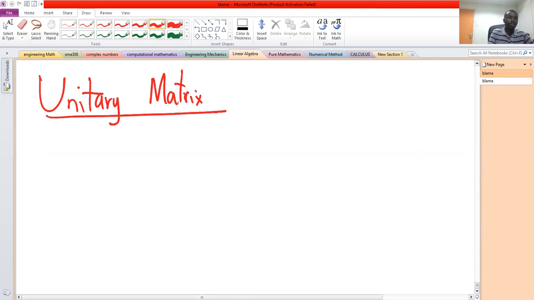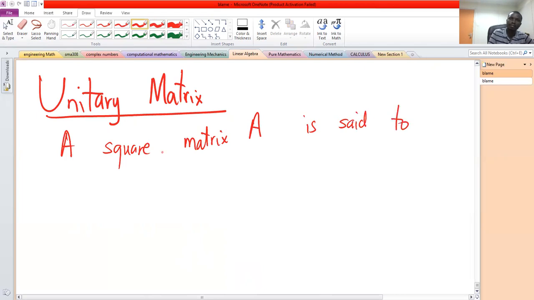A square matrix A is said to be unitary if A power theta times the matrix itself is an identity. This is dealing with complex valued matrices. So A is unitary if A power theta times A is an identity matrix.